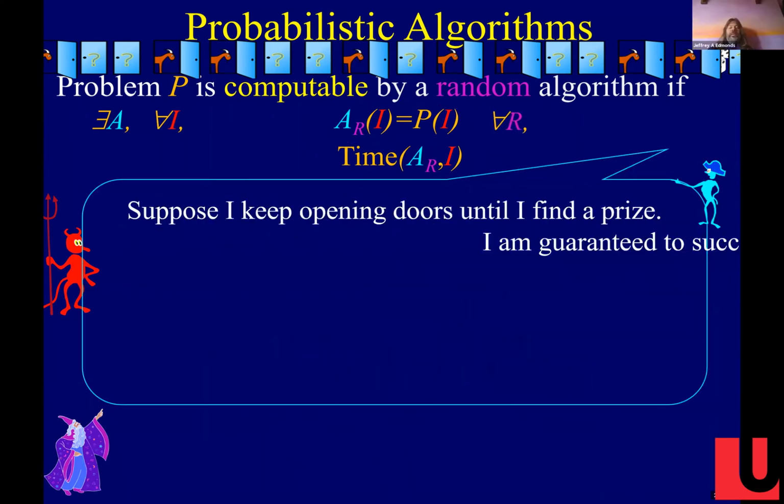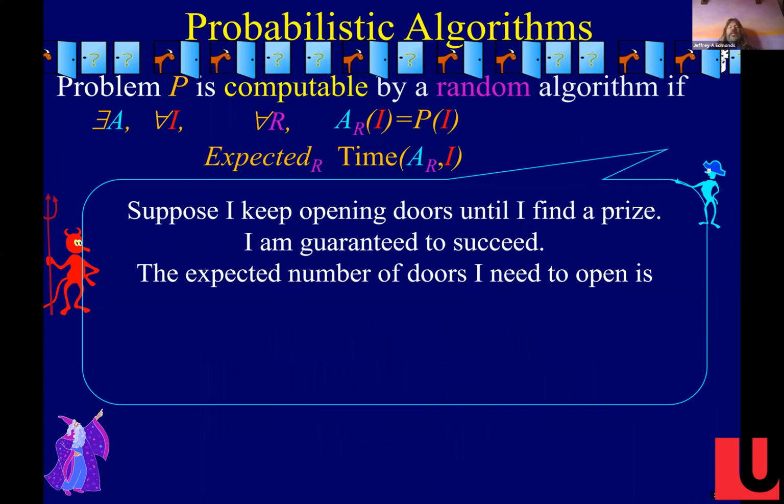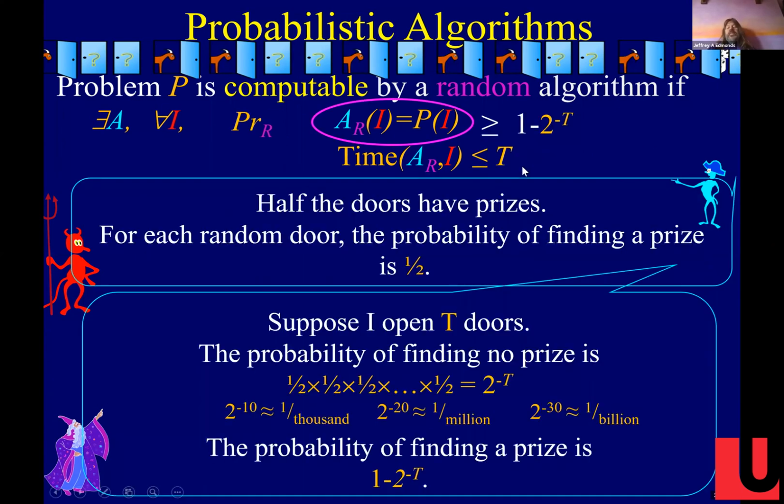Yeah. So this one over here, in the first one, we only open T doors, right? So the time is definitely at most T, but there's some probability of failure after T doors. Maybe T is only 10. Maybe we have lots and lots of doors, but we only open up 10 of them.